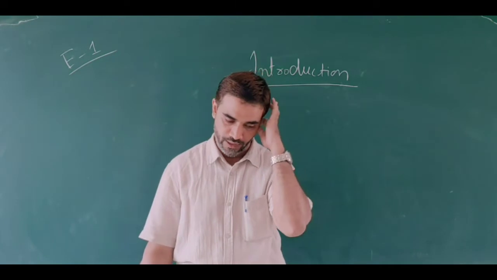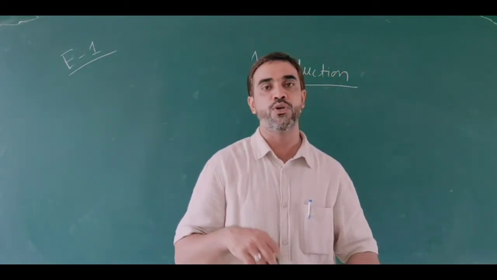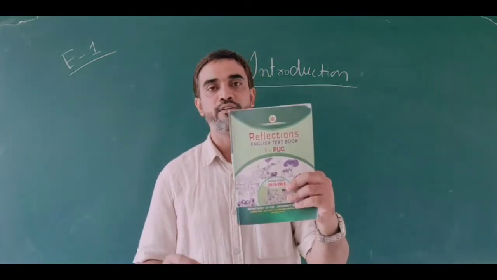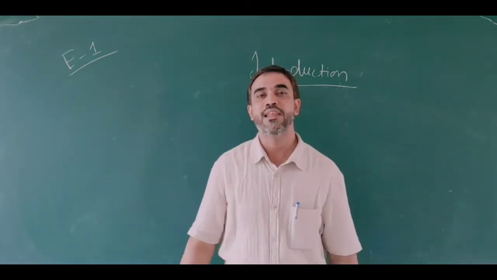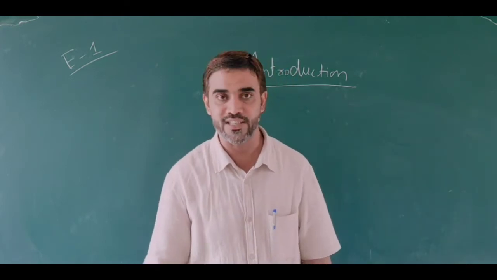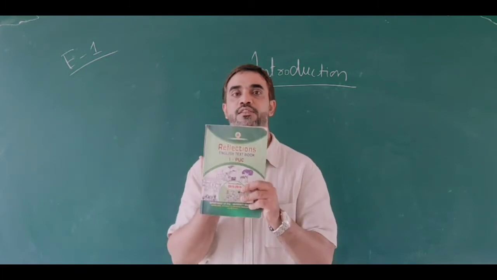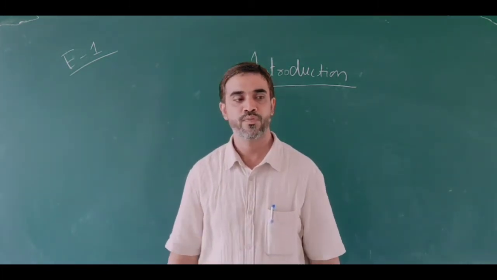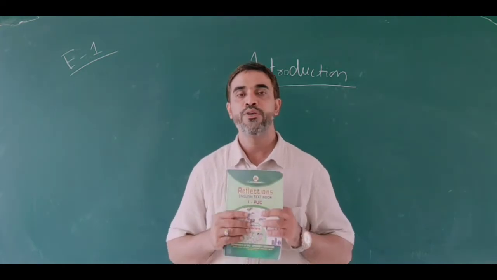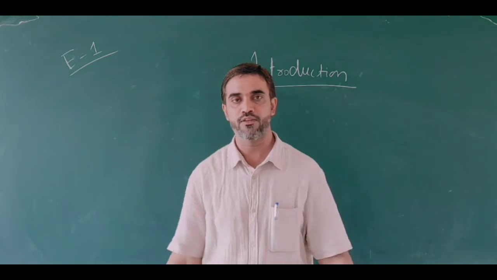Clear? On the other hand, you have another book, which is reflections. This is the literature book. If articulation is the language book, this will act as the literature book. I hope you have both books with you, the pair of books.